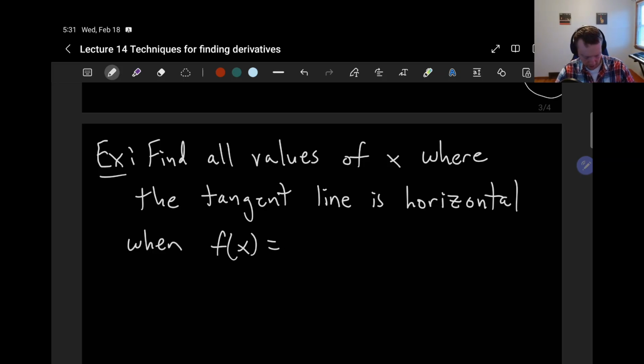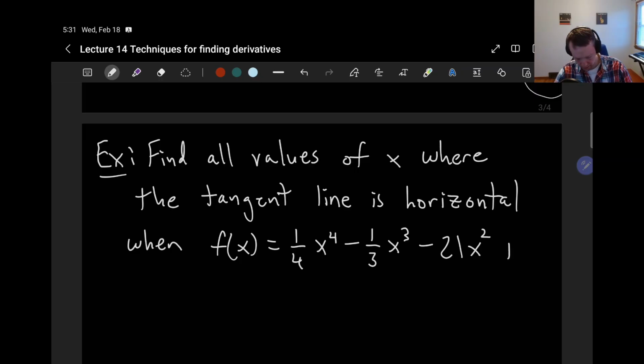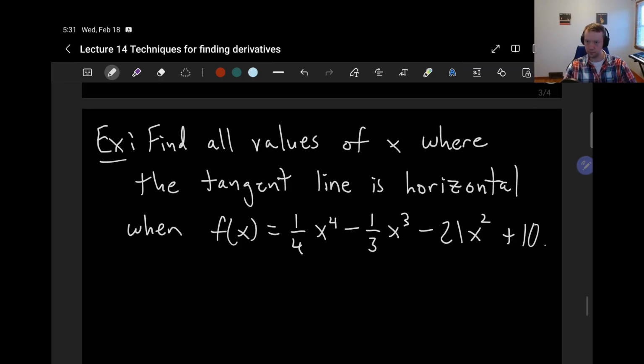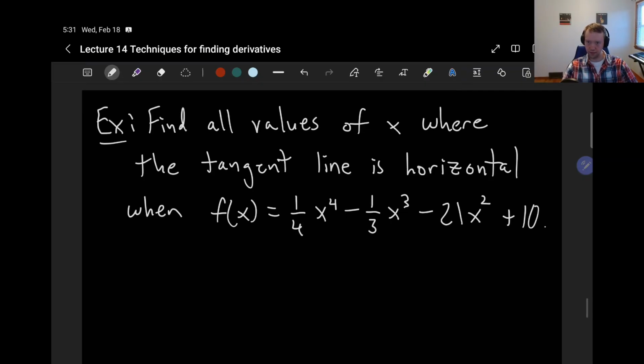And here's my f of x: 1/4 x to the fourth minus 1/3 x cubed minus 21 x squared plus 10. So this is my function, this polynomial. And we want to find all x values where tangent lines at those points will be horizontal.